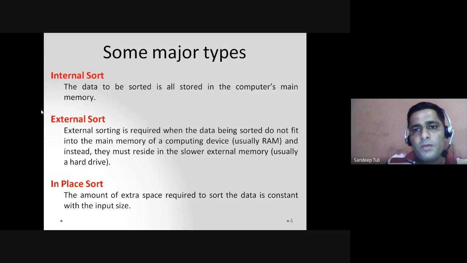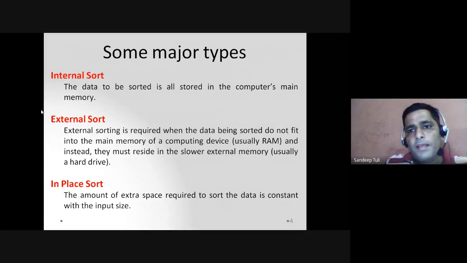Now suppose that extra memory is constant and does not depend upon the size of the input. It means whether the size is 5 or 500, it doesn't matter at all. In every case I require the same amount of memory in order to sort, and then it is called an in place sorting algorithm. Is it okay?